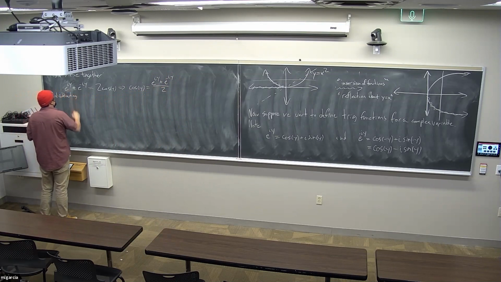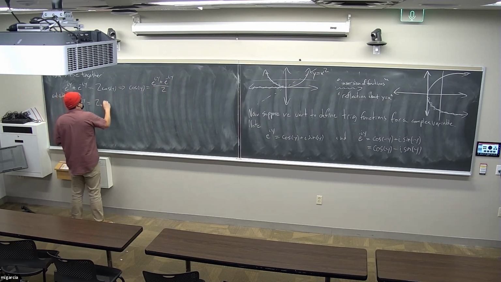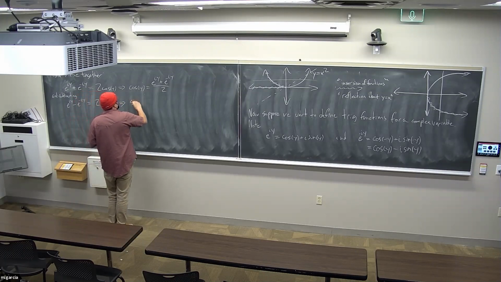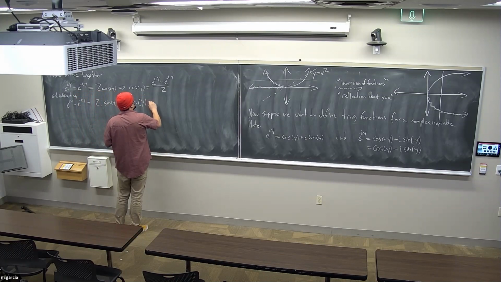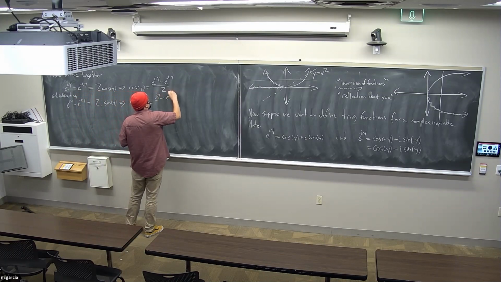And subtracting, e to the iy minus e to the negative iy is equal to 2i sine y, which tells us sine of y is equal to e to the iy minus e to the negative iy, divided by 2i.